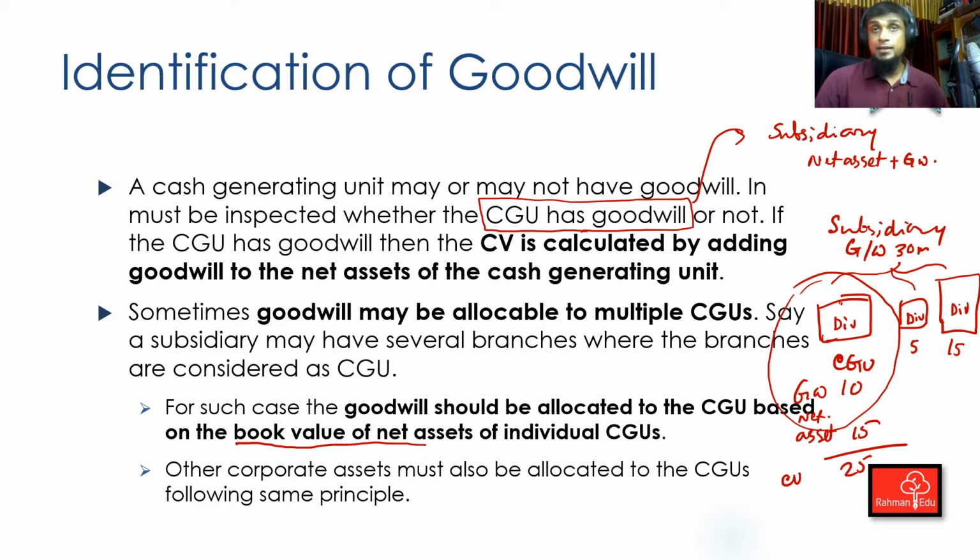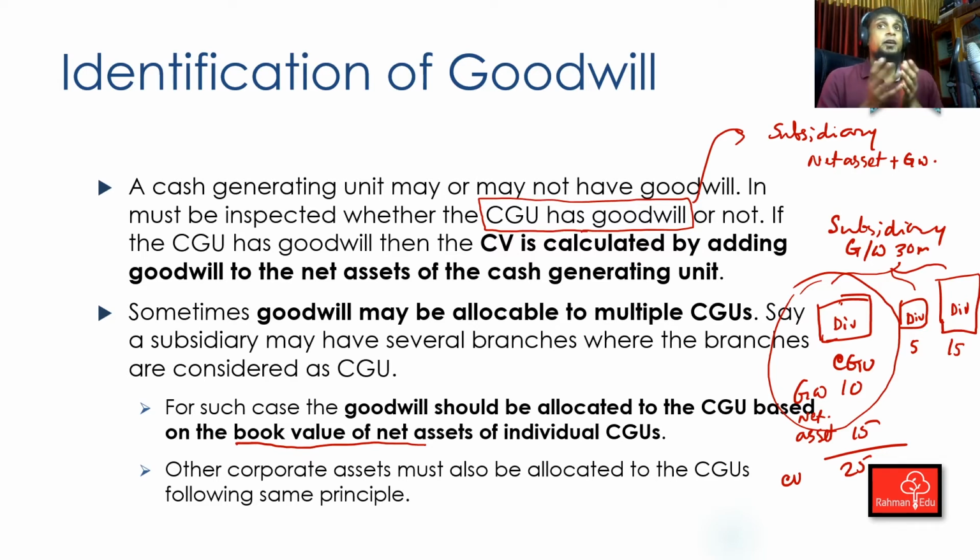All right. Once you have got that, next we will talk about some other assets like goodwill. This subsidiary can have that kind of other assets, the corporate assets. Say the subsidiary has 3 divisions and a head office. The head office doesn't generate any cash; it just manages the 3 divisions. So that head office asset will be called a corporate asset.